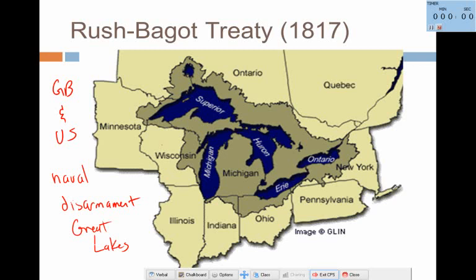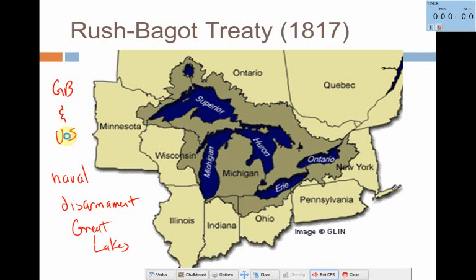Does that make sense to everyone, folks? So first off, this was one step to further peace. To disarm means to reduce your weaponry. And specifically here, it was a naval disarmament. We're reducing or eliminating our navies in the Great Lakes. It's one step closer to peace, one step closer to alliance.